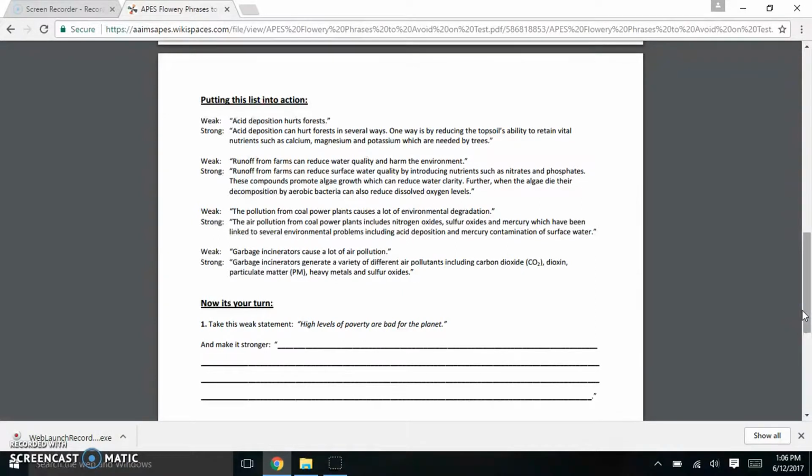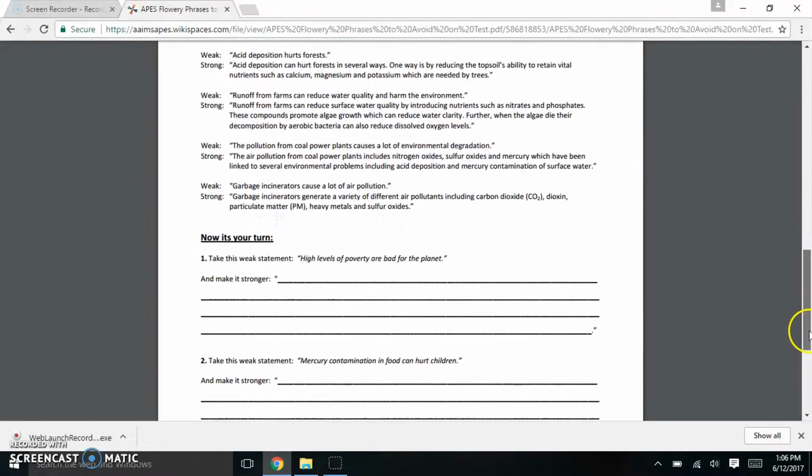As you look at the other 3, they give you a weak example and then a strong example. So students, you can take this, read those, and put in your mind how you can better that.